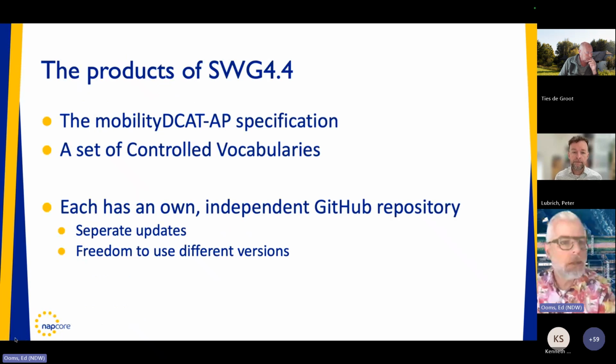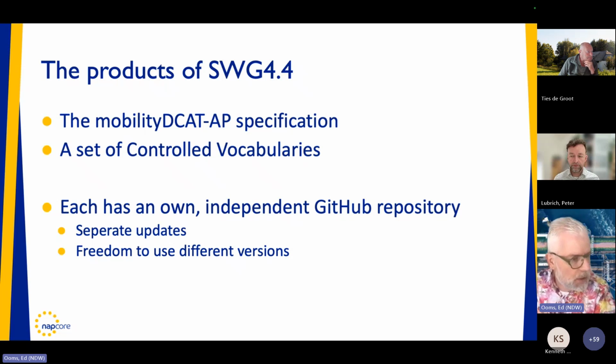First, as Mario mentioned, there are two products of our sub-working group 4.4 of NAPCORE: the mobilityDCAT-AP specification, which is talked about a lot at the moment, and a set of controlled vocabularies. Each has its own independent GitHub repository with separate updates and the freedom to use different versions.